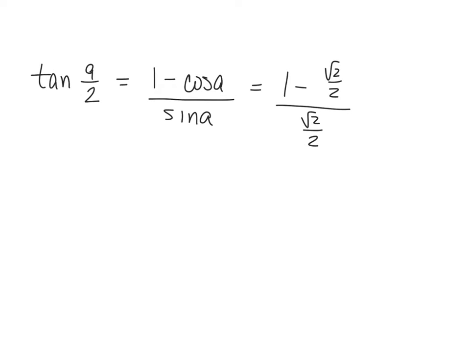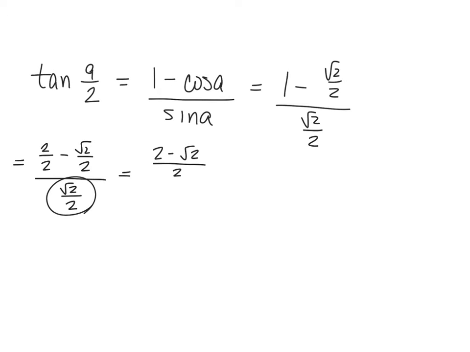I'm going to change that 1 into a 2 over 2, just like we've been doing. The numerator becomes 2 minus root 2 over 2, and I'm going to multiply by the reciprocal now, 2 over root 2. If I multiply across the top and the bottom, those 2s cancel out. In the numerator I have 2 minus the square root of 2, and the denominator I have the square root of 2.